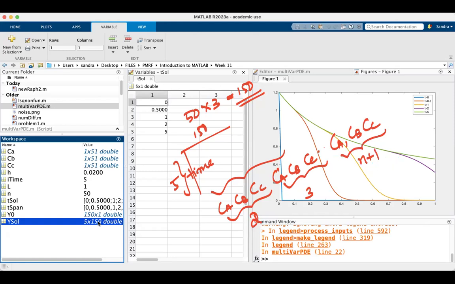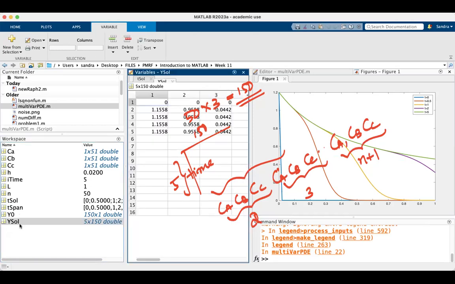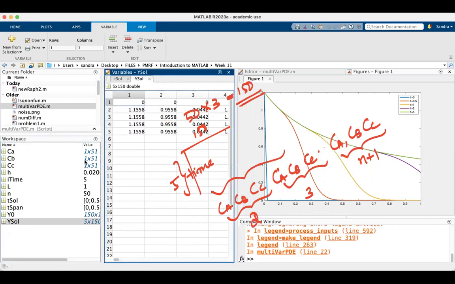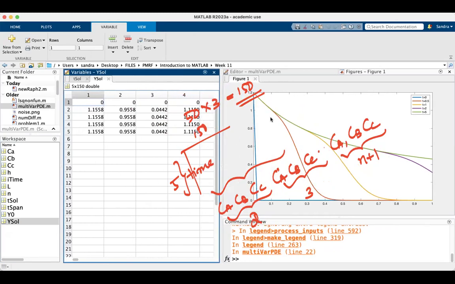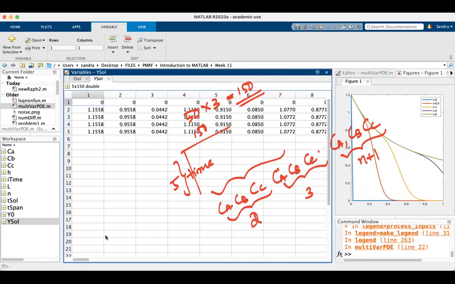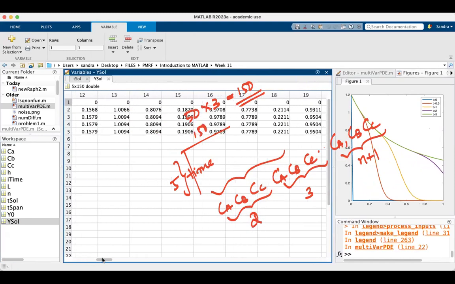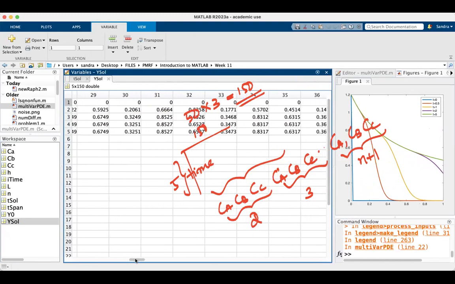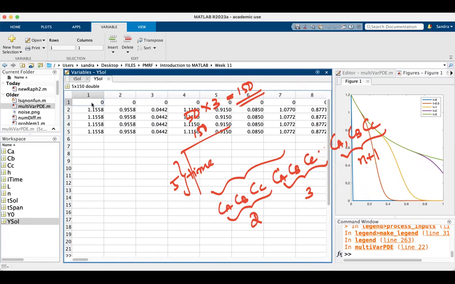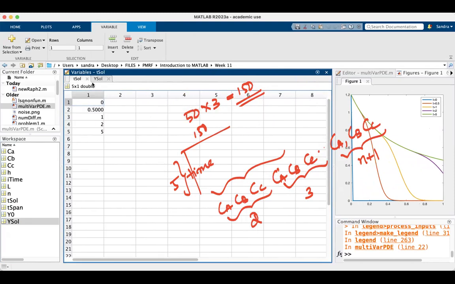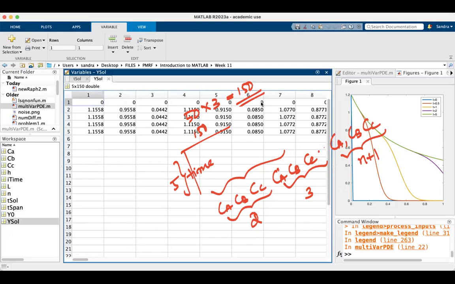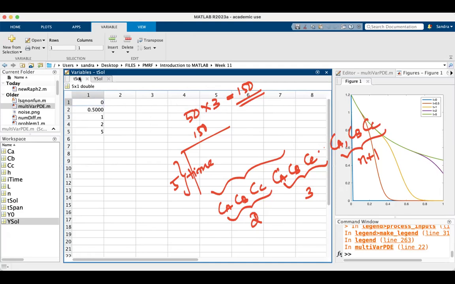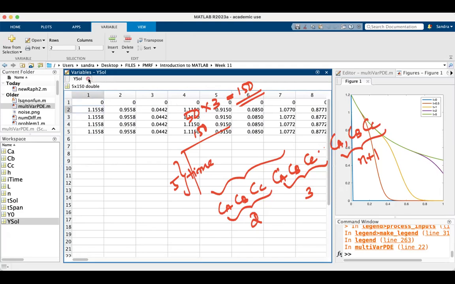So let us see the Y-sol ones. This is how it looks like. This corresponds to the first time, that is t equal to 0. It was given that everything is 0. So at t equal to 0, everything is 0. At the start, you have the values that are given to you.